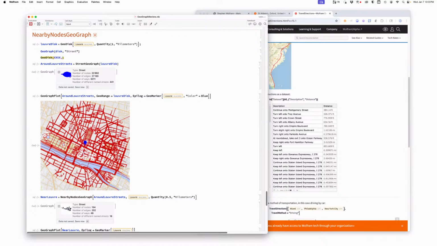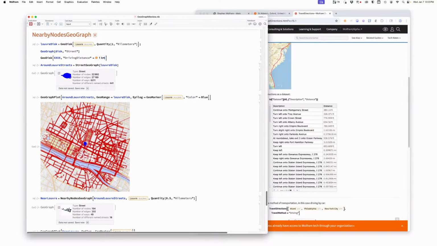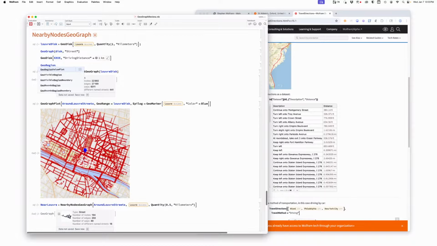So this is really a geodisk in which this is something like driving distance 1 kilometer. Right. That's no longer a disk, but yeah. I understand the point. So it's a geo region or geo ball.